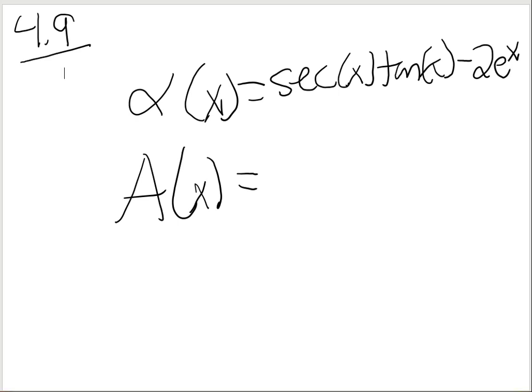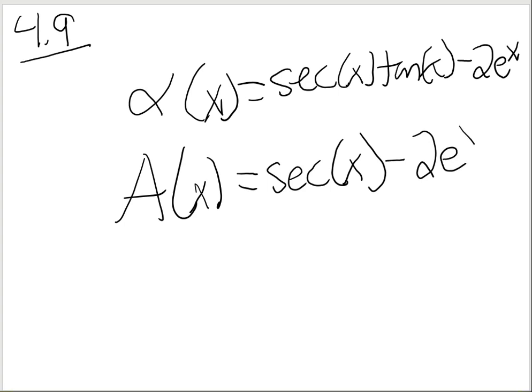And well, that's secant. And then minus 2, antiderivative of e to the x is always just e to the x. I'm just getting that from remembering that the derivative of e to the x is e to the x, so it stays, and constants always pull through.